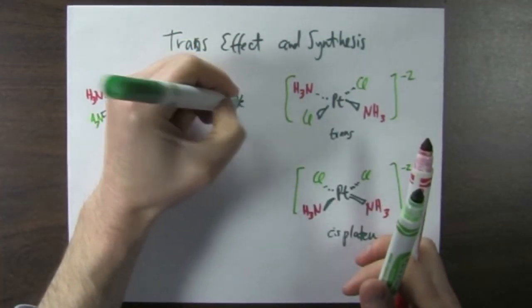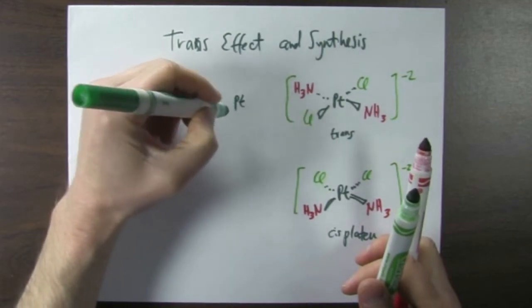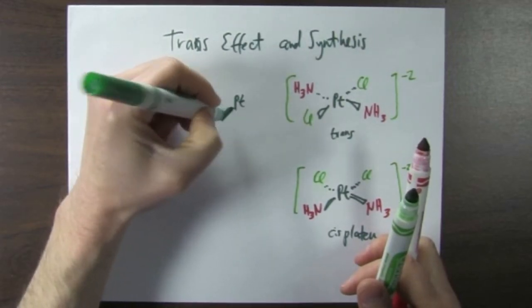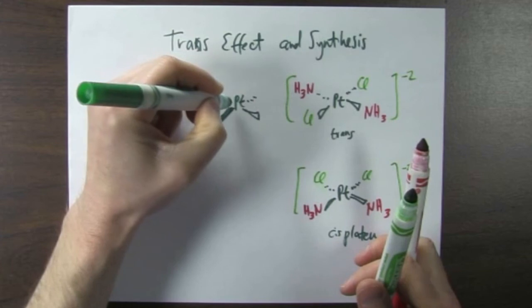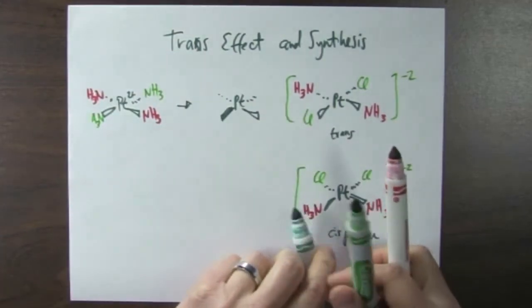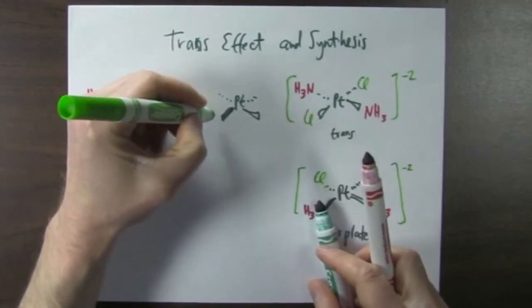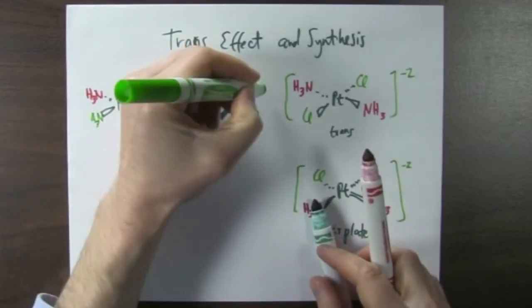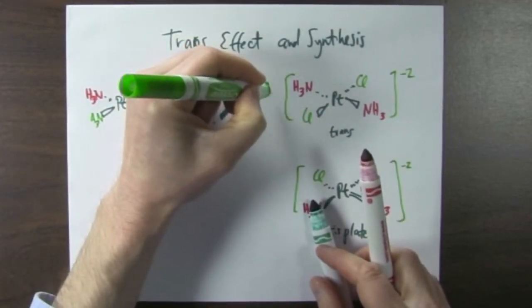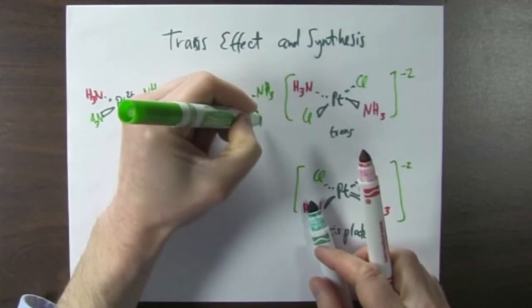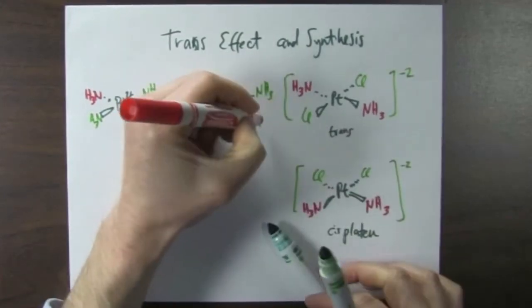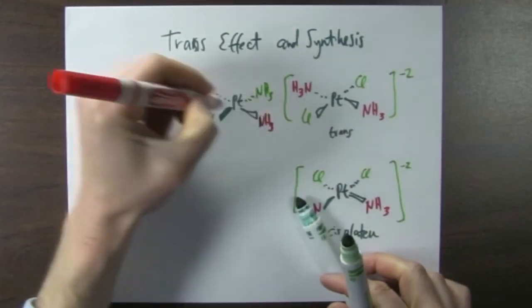For simplicity or consistency, I'm going to substitute this ligand here. So I'm going to put the chloride here, and then we still have an amine here, amine here, and an amine here.